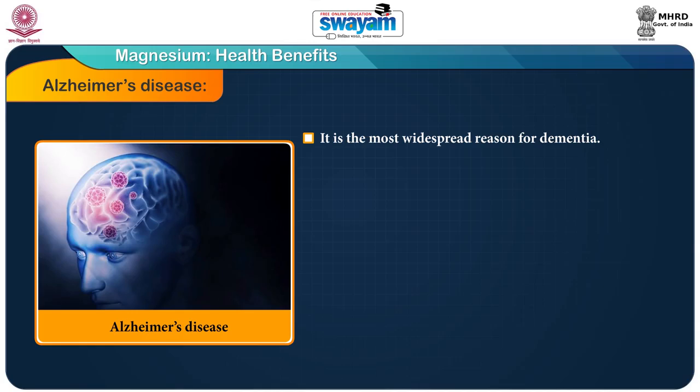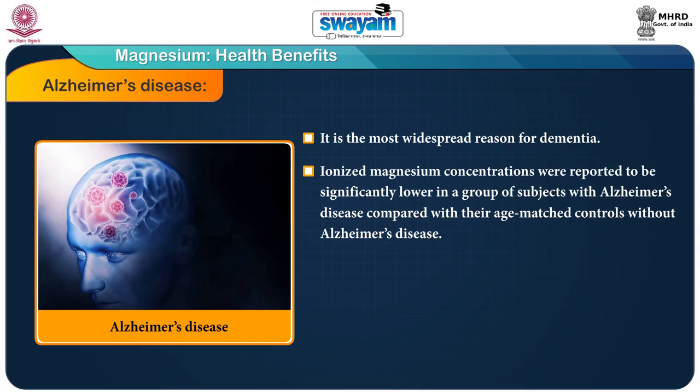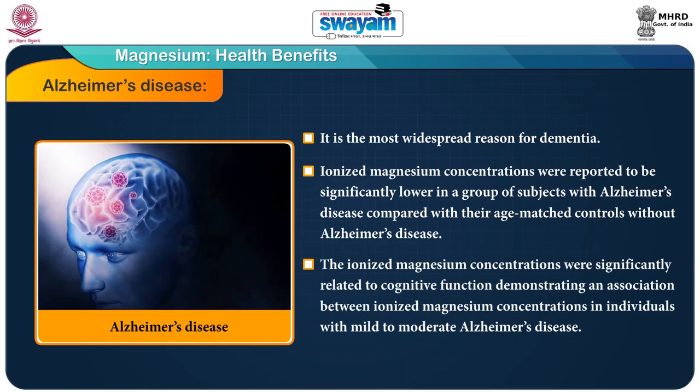Now, it has been reported that ionized magnesium concentrations are significantly lower in a group of subjects who have Alzheimer's disease as compared to their age matched controls without Alzheimer's disease. The ionized magnesium concentrations were significantly related to cognitive function, demonstrating an association between ionized magnesium concentrations in individuals with mild to moderate Alzheimer's disease.